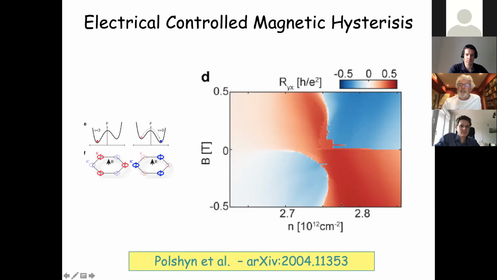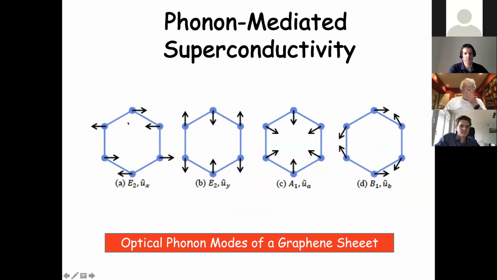So this is electrical control along this axis. The anomalous Hall effect is basically proportional to valley polarization, or its sign depends on valley polarization. So this is showing you that you can change the sense of valley polarization very abruptly just by doping the system N-type or P-type. And so that's a very unusual property.